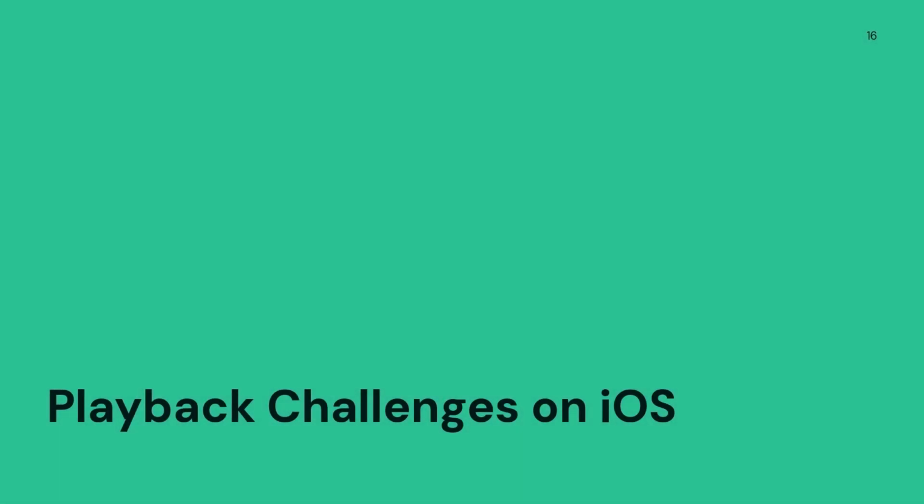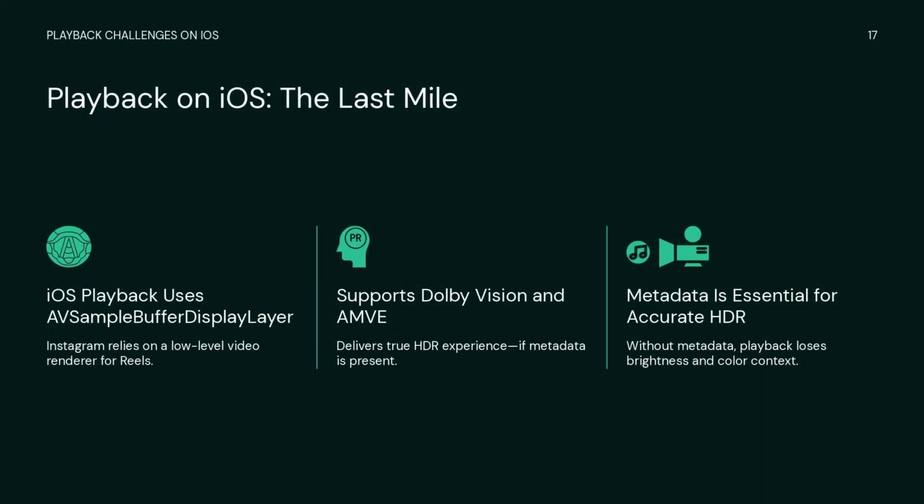The final playback stage on iOS made the issue very visible. iOS relies heavily on metadata to render HDR correctly. iOS supports Dolby Vision and AMVE. Instagram uses a low-level video renderer for Reels playback. But without metadata, even the best renderer cannot produce correct HDR output.